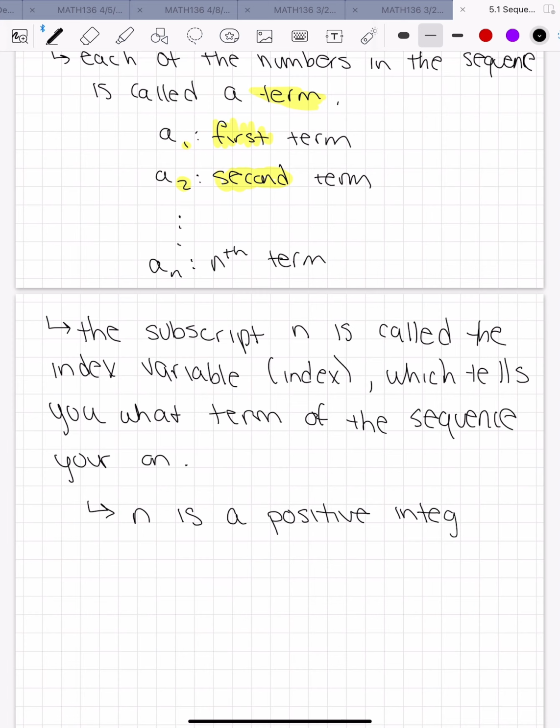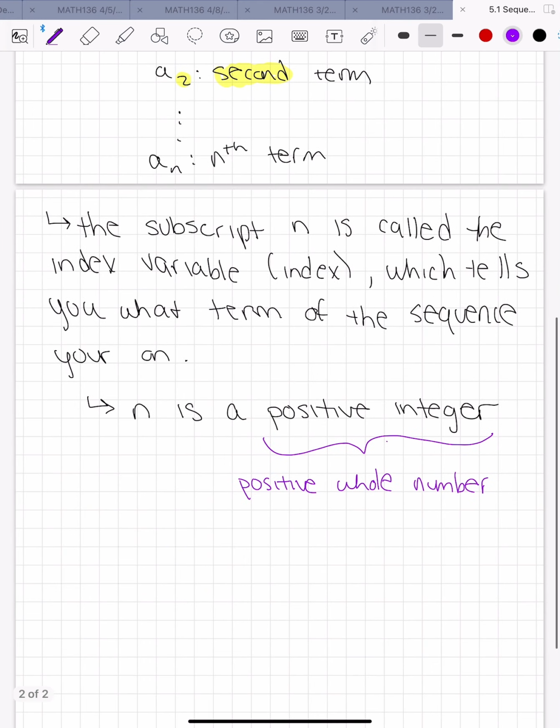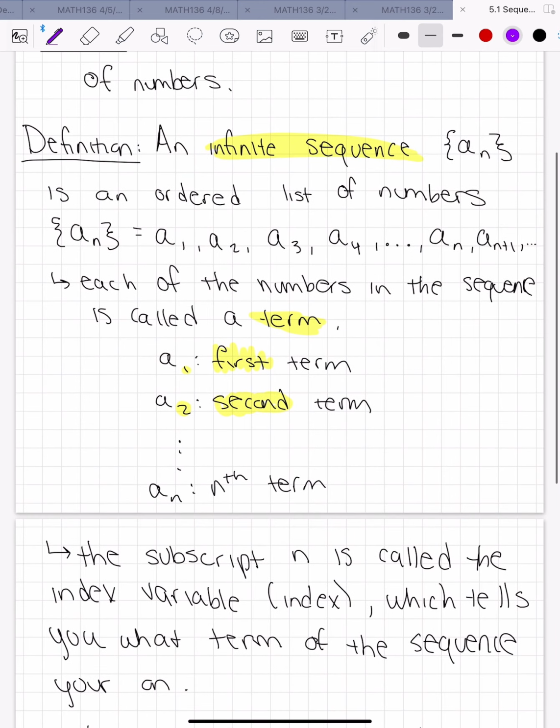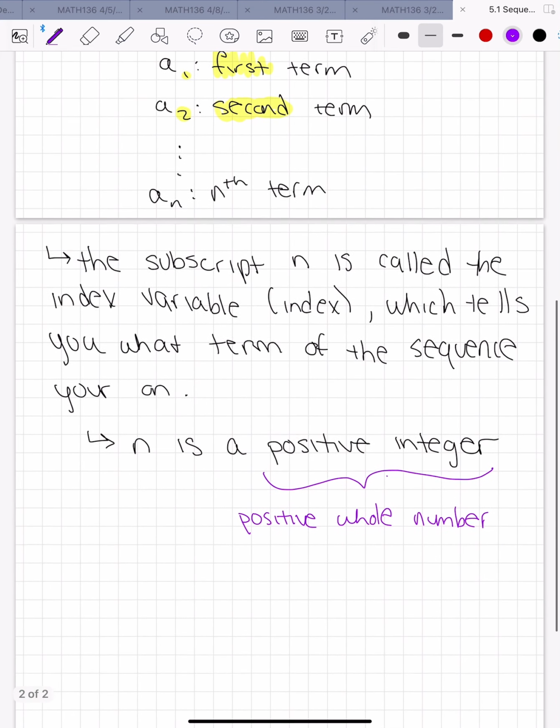So naturally, n is a positive integer. And what does that mean? Remember that an integer is just a whole number, so it's a positive whole number. It doesn't make sense for us to say we're on the negative first term or the 1.5 term when we're talking about a list. You're either the first, the second, the third, the fourth, the fifth, the sixth, so on and so forth.